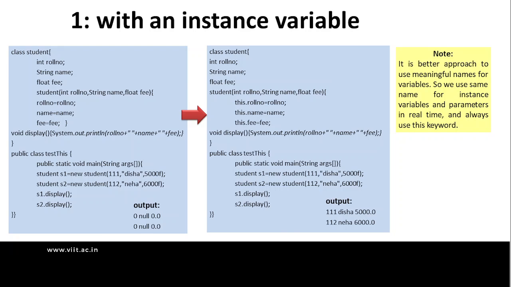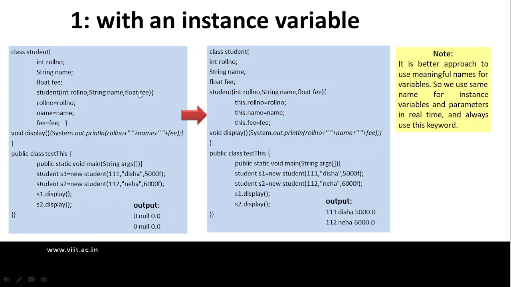In this class we are writing, there are three instance variables. In the constructor, we are passing three parameters, and if you see, the instance variable and the local variable inside the constructor parameter are the same. The instance variable roll number and the local constructor parameter roll number, this name and this name, this float p as an instance variable and float p as a local parameter of this constructor are the same.